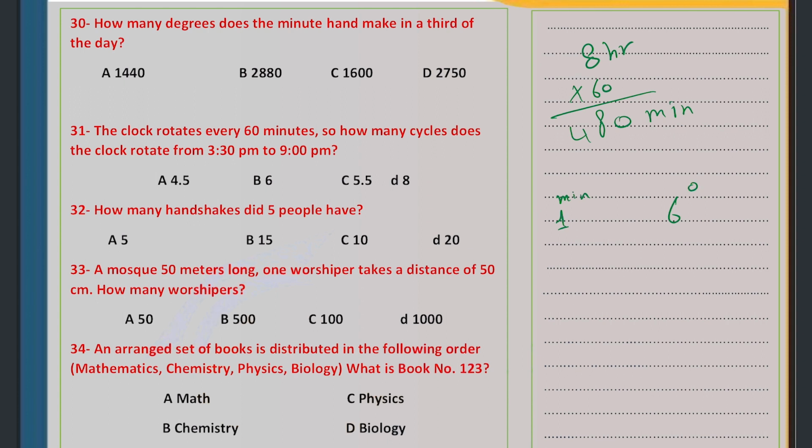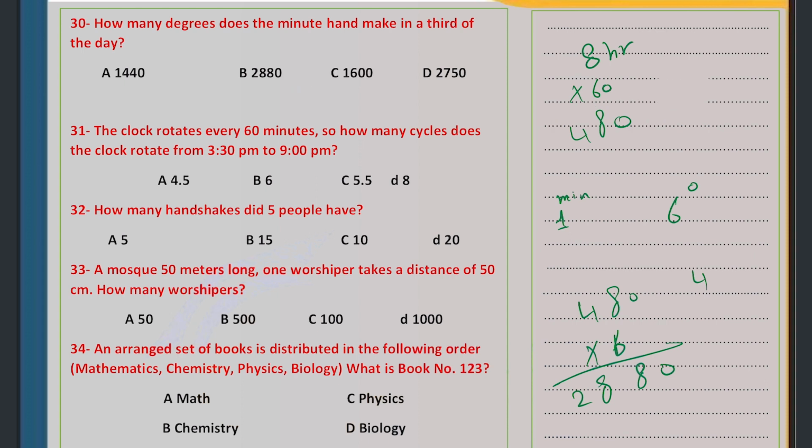Why? Because 60 minutes equals 360 degrees. Okay? This is the ratio. So I will multiply also by 6, 480 times 6. 0 down, 6 times 8, 48. 8 and carry 4. 4 times 6, 24, and 4, 28, which will be letter B.